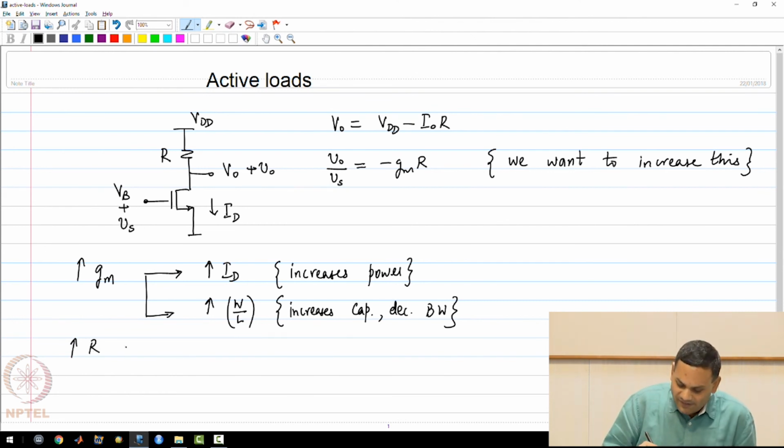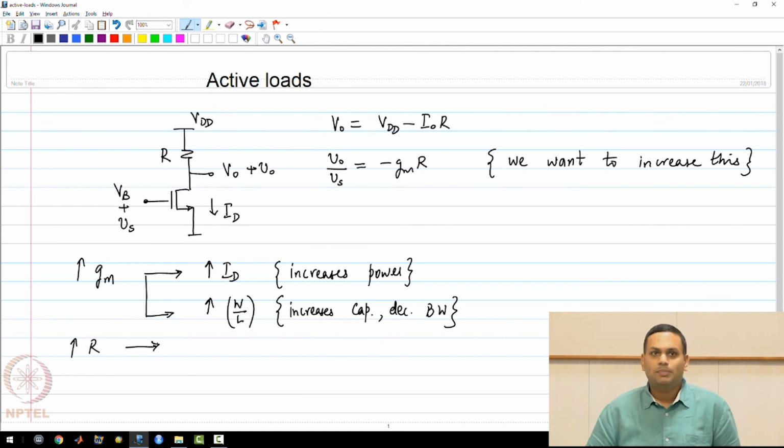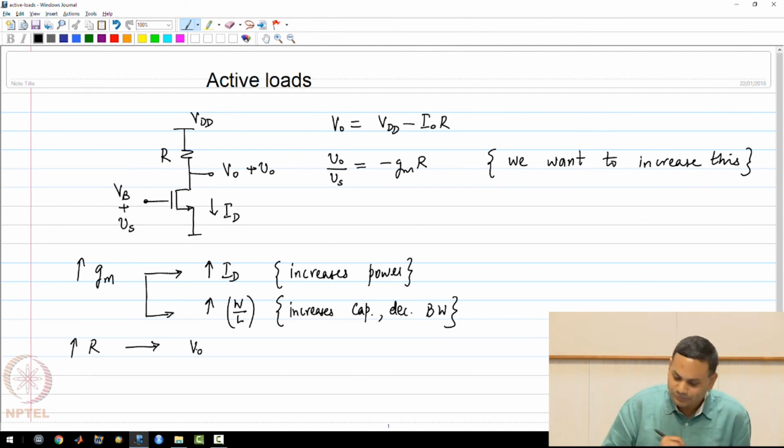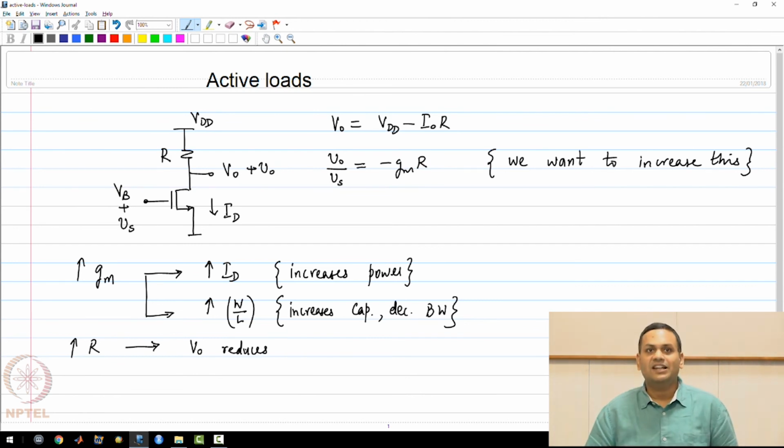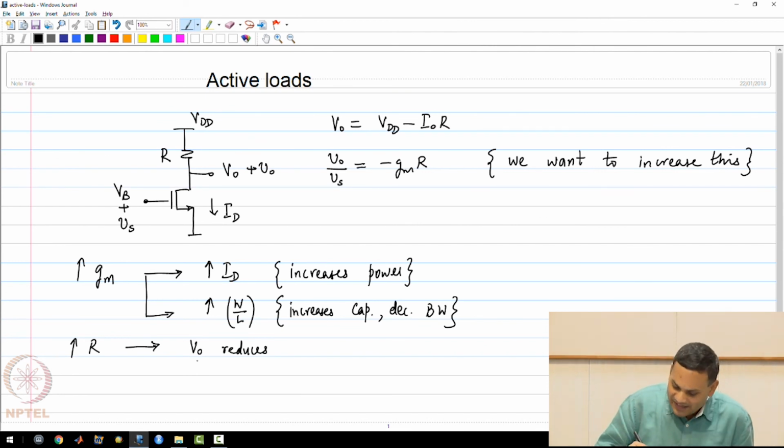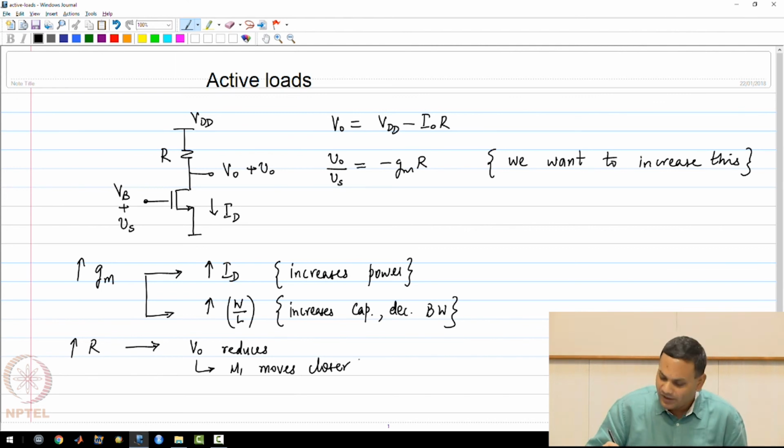Now, on the face of it, this seems fine, but please note that the output DC voltage reduces linearly with increase in resistance. In other words, the actual implication of this is that M1 moves closer to the triode region, to the triode boundary, and therefore what I'm actually giving up is swing limit.